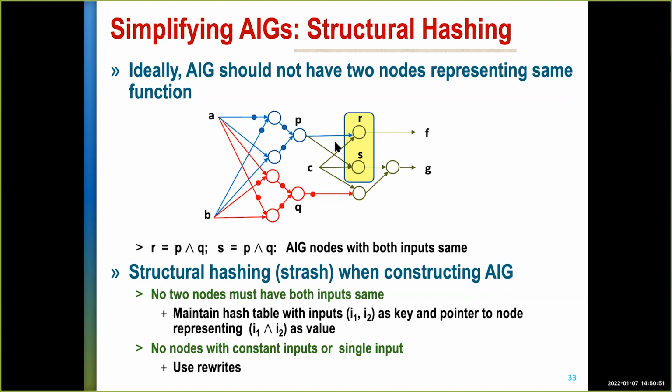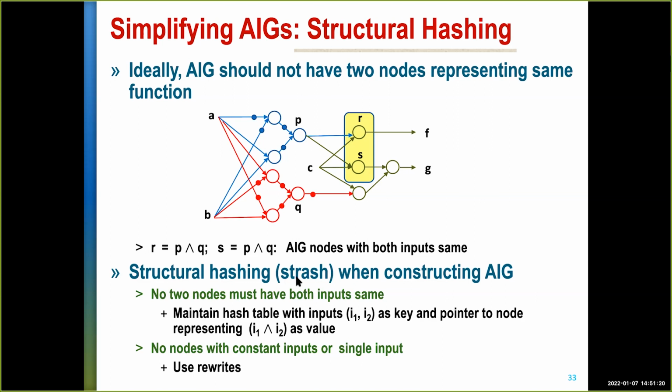R is P and C, S is also P and C. So for these two nodes, it's easy to detect that they're doing the same thing because both of their inputs were coming exactly from the same nodes, right? So whenever I have two AIG nodes and all their inputs are the same, then I know that they're certainly representing the same thing, and so I can collapse them.